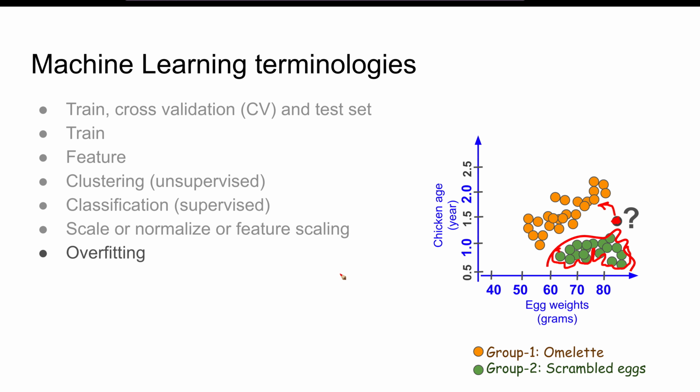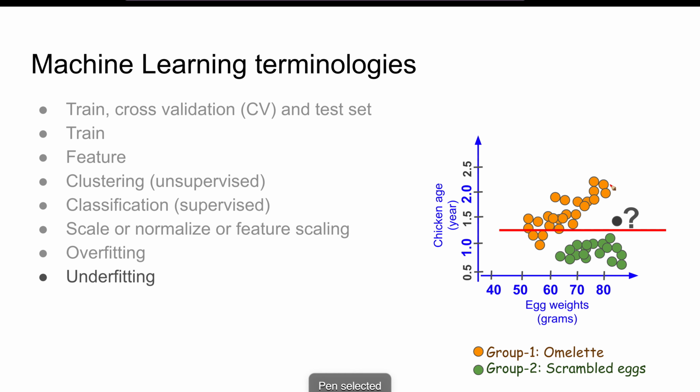Similar to overfitting, there is also a concept of underfitting. If we look at this particular figure, these two groups are separated, but as you can see, the line that separates these is horizontal.